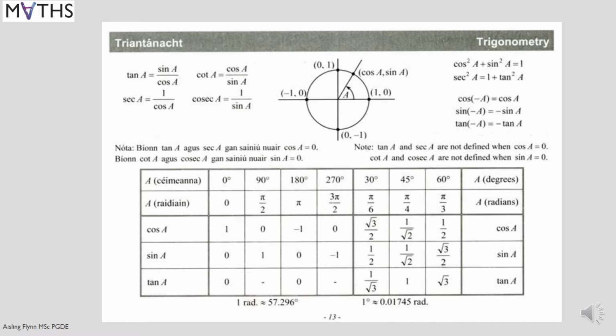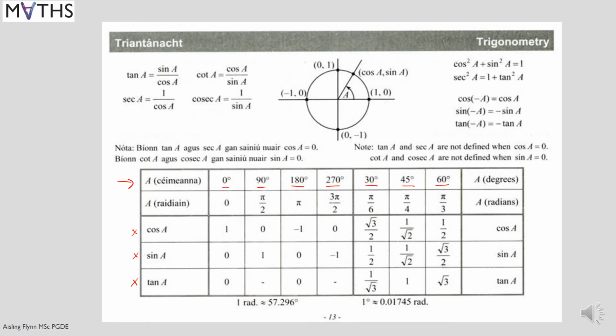If we look at the table below, we see the angles A: 0 and 90 degrees are very common, 180 which is a straight line, 270 which is 3/4 of a full circle, and then we have 30, 45 and 60. These always come up in various questions.